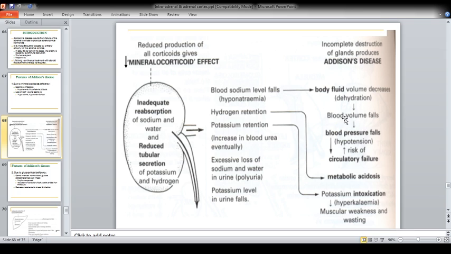That could cause a decrease in blood volume, and that would eventually lead to a decrease in blood pressure or hypotension. If there is decreased blood pressure in the body, this could lead to increased risk of cardiac failure or circulatory failure. This would lead to shock, that is hypoperfusion of the vital organs. The patient would undergo multiple organ failure and the patient would die eventually.